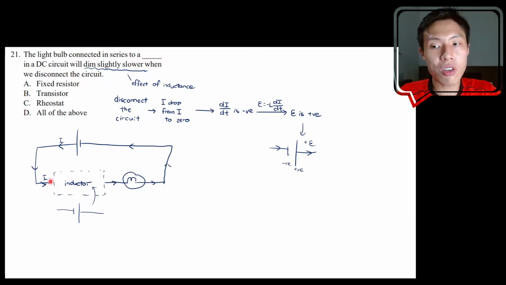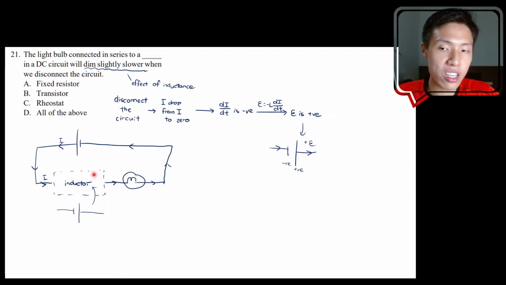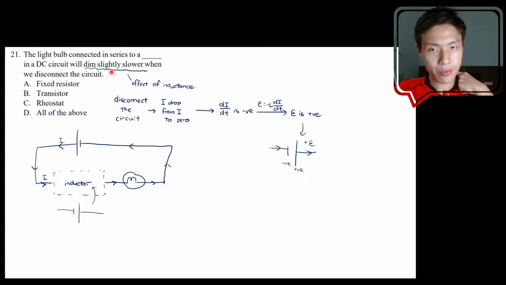Okay, so because you are pumping charges in the same direction of the current, the current will not drop so fast. Initially, you drop very fast. If there's no battery over here, you drop faster, right? But now you can see, if I install a battery like this over here, you pump charges in that direction, so you make the drop not so fast. That's why you dim slightly slower.